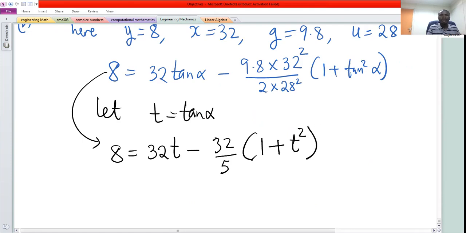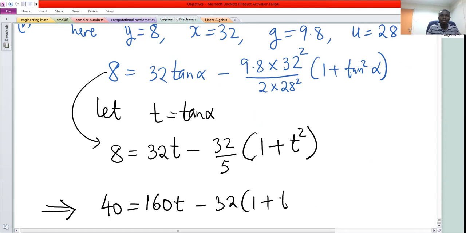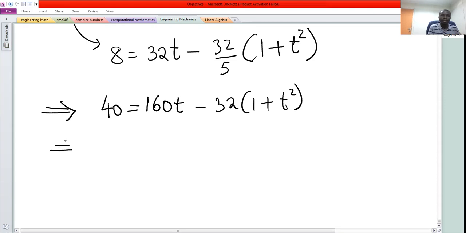So we multiply every term by 5 so that we have 40 equals to 5 times 32 is 160 T minus 32 into 1 plus T squared, which implies that 40 equals to 160 T minus 32 minus 32T squared.